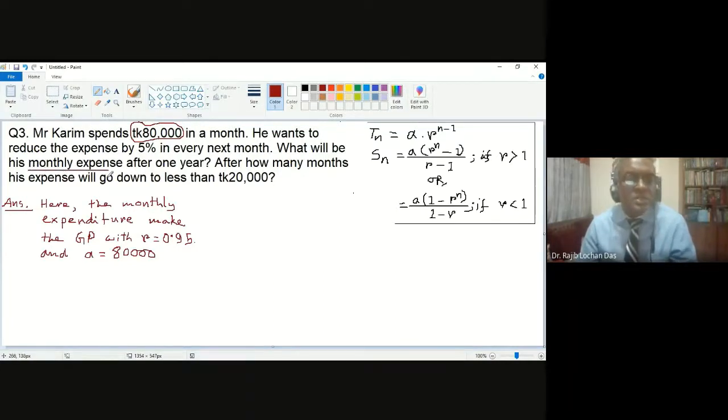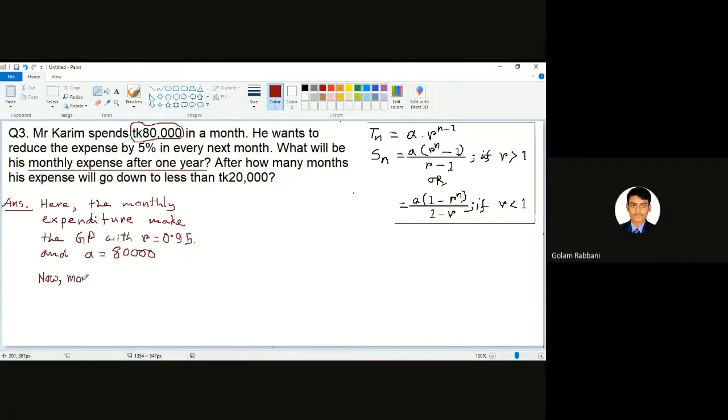So is this T formula or S formula? First question, is this T formula or S formula? Which one is correct? Sir, S formula, sir.